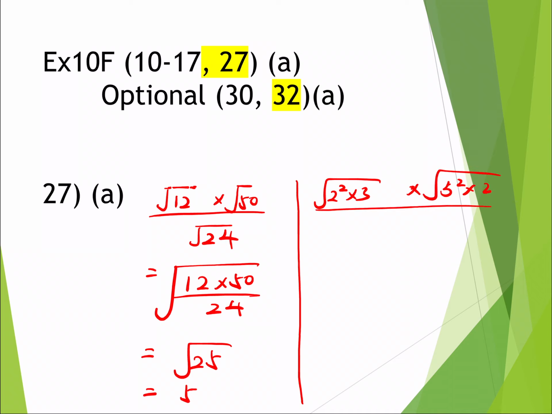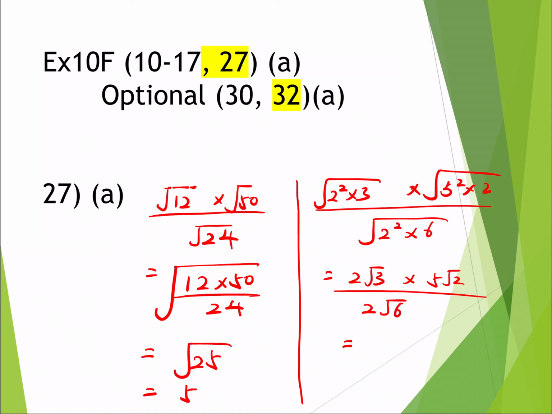And 24, we could divide it by 4, so 24 is 4 times 6, it's 2 squared times 6. Then we could cancel those square numbers: 2 times square root 3, and then 5 times square root 2, and then 2 times square root 6.